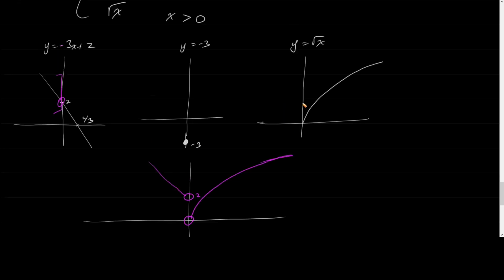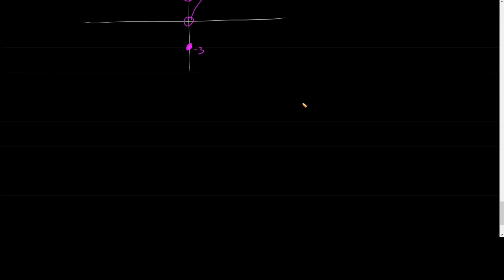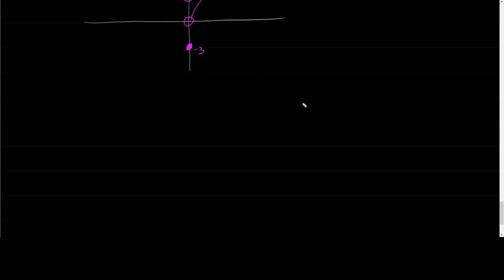So that's piecewise functions overall. Now let's look at the absolute value function. Let's say I have the absolute value of x. It's actually a piecewise function where it's just x for all the values greater than or equal to 0, and it's the negative of it when x is less than 0.